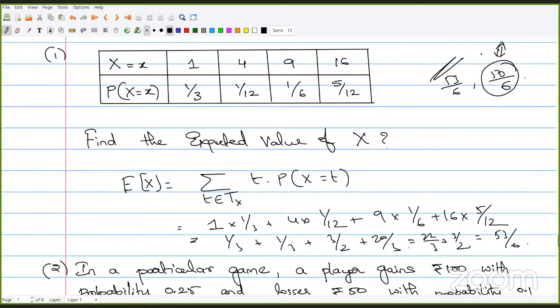So this is how you compute expected values when this PMF is given to you. But what if it is given in words like this?